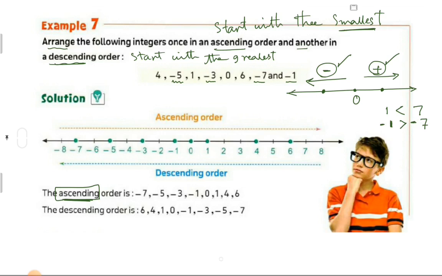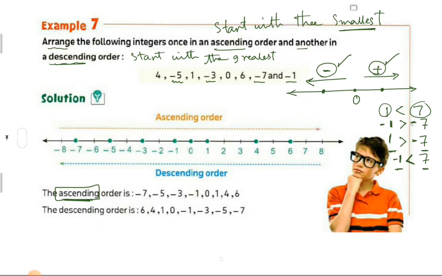And 1 and negative 7. We said before, any positive number is greater than a negative one. Negative 1 and 7, of course 7 is greater than negative 1. Any positive is greater than any negative. But if we compare two positives, the biggest number is greater.